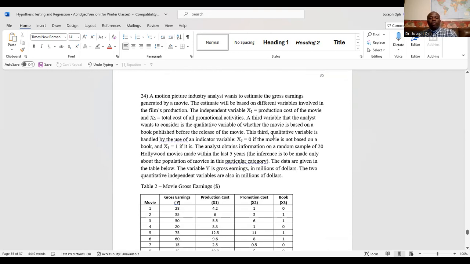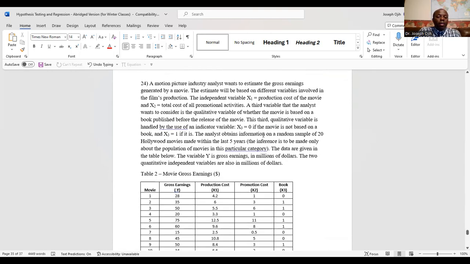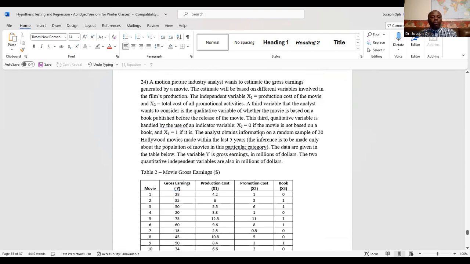So look at the question on the screen. It says that a motion picture industry analyst wants to estimate the gross earnings generated by a movie. The estimate will be based on different variables involved in the film production. The independent variable X1 equals the production cost of the movie, and X2 equals the total cost of all promotional activities.